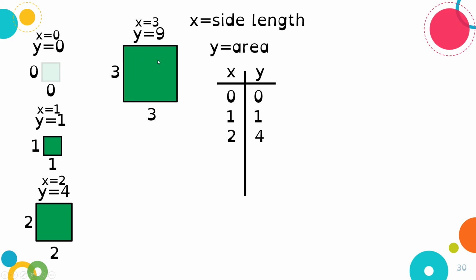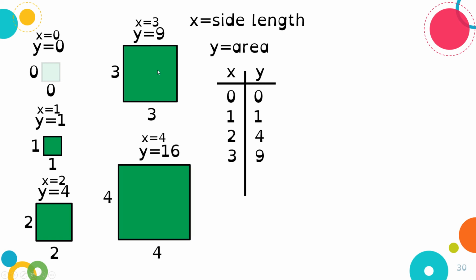And so that means that we have a total area of 9. And if we have a side length of 4, we can see that 4 times 4 is equal to a total area of 16.